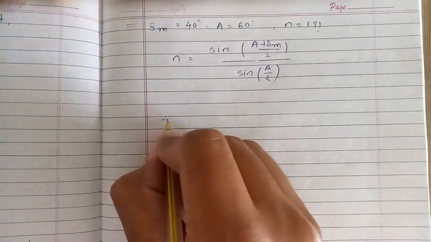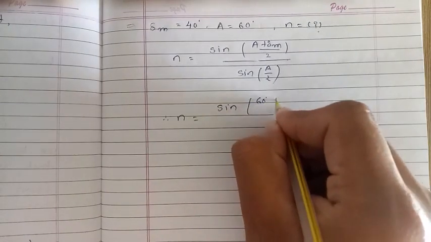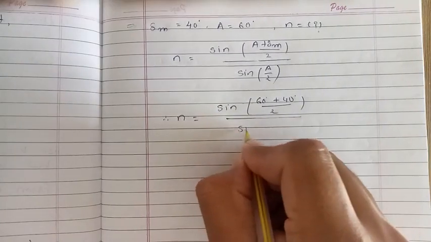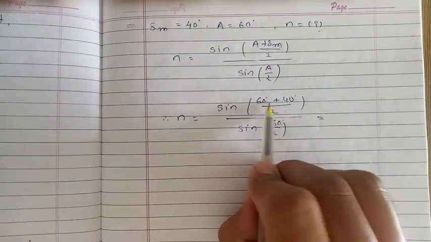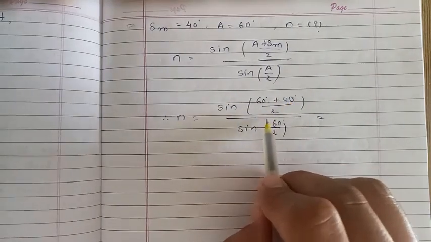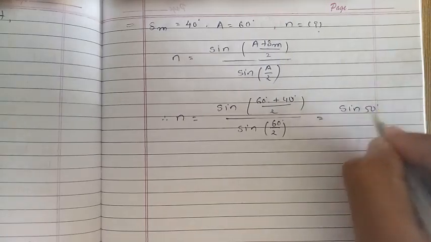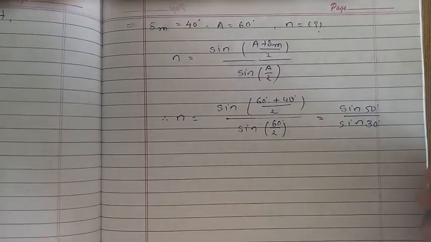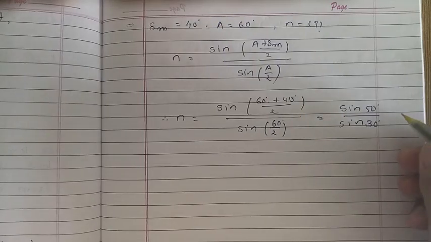So n is equal to sin of (A 60 plus del m 40)/2 upon sin(A 60/2). Here 60 plus 40 is 100, by 2, so 50. So sin 50 degree upon sin 30. We can easily find the value of sin 50 and sin 30 from the natural sine table.